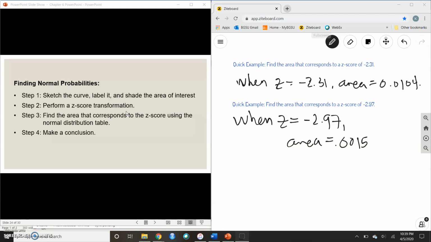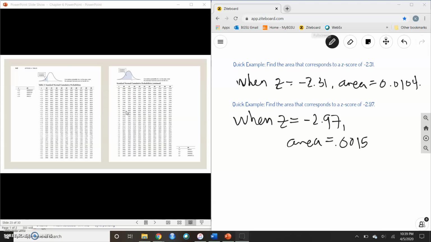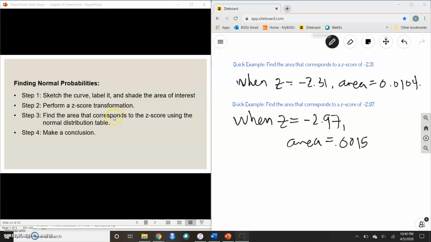Again, we want to go from a normal model to a standard normal model so that we can use a table like this to find area. Step 3, once we have the z-score from step 2, we want to find the area that corresponds to that z-score using the normal distribution table. And finally, step 4, making a conclusion.